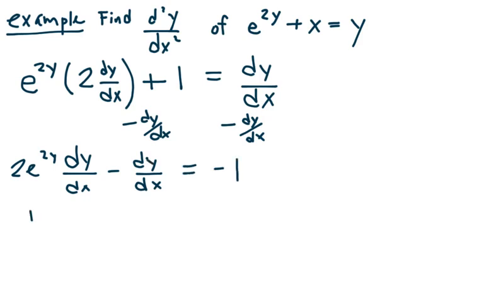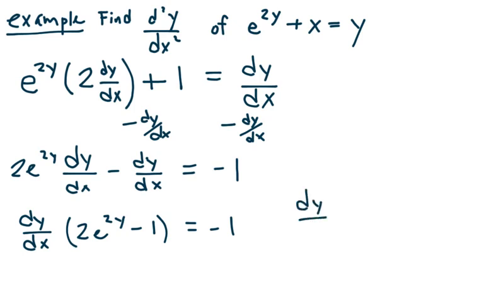We can again factor out a dy dx, and we would have 2e to the 2y minus 1 is equal to minus 1. And we can again divide by that quantity to solve for dy dx. So dy dx is going to equal 1 over 1 minus 2e to the 2y.